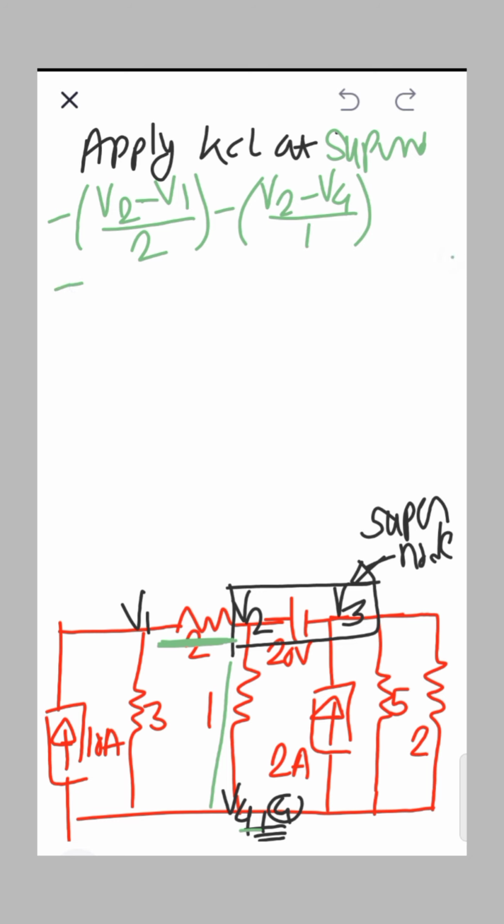Then this branch, again the current is upward, so it is plus 2 ampere.